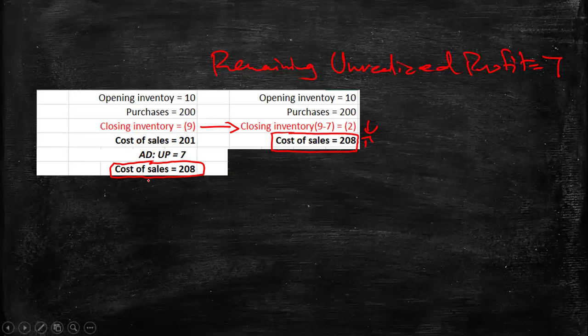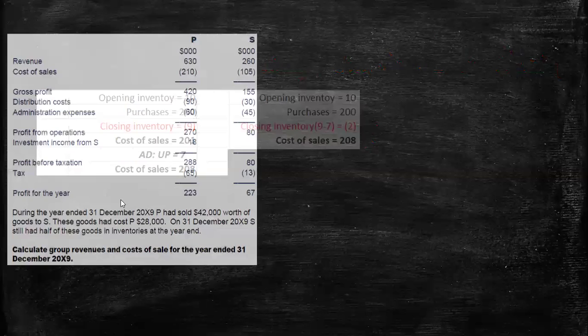So that is the adjustment you have to make. You have to add this unrealized profit in your cost of sales amount. That is the same effect as we will get if we were to subtract this unrealized profit from the closing inventory value, which is included in the cost of sales calculation. Right. So this is the adjustment that you have to make and you have to remember for the cost of sales value in this consolidated statement of profit and loss.